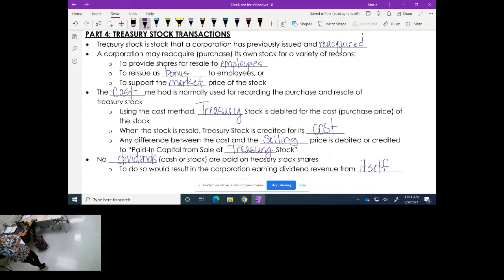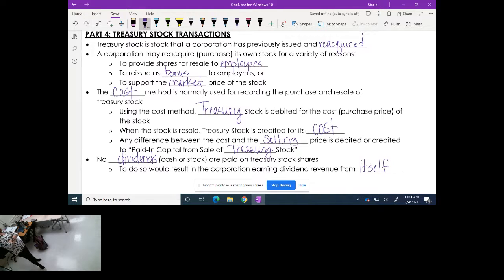So buying some of them back, holding on to them until the market price recovers. Maybe they've decided to make their employees company owners, so they want to distribute shares of stock to the employees as sort of a bonus. So that'd be another reason. It just depends, could be different things.